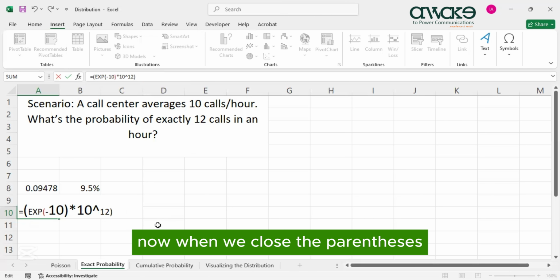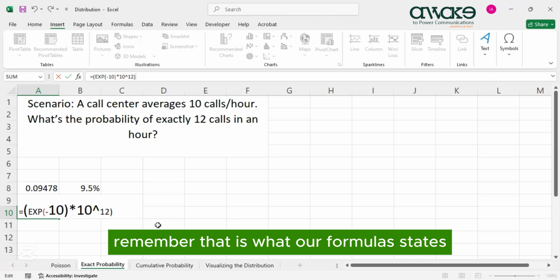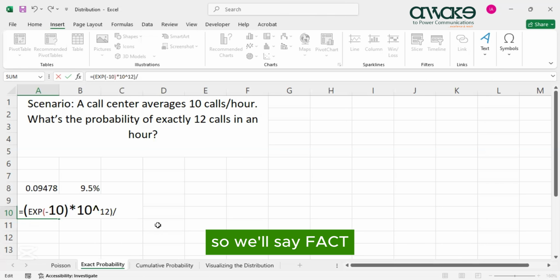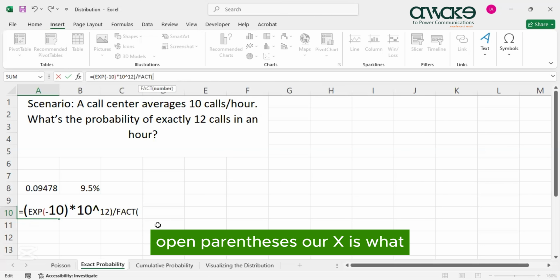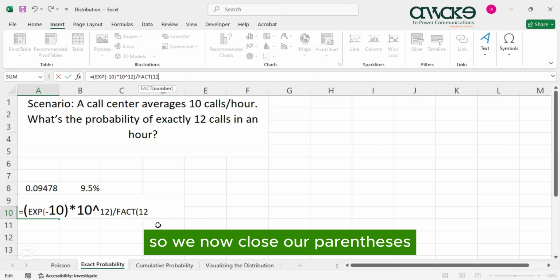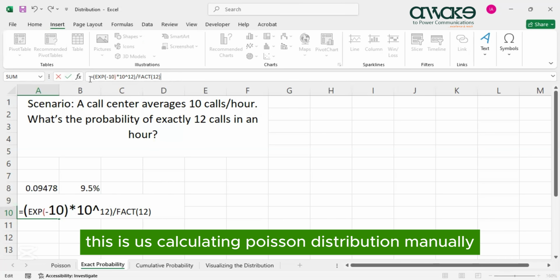When we close the parenthesis, what we want to do is to divide by the factorial of x. Remember, that is what our formula states. So we'll say FACT. FACT returns the factorial of a number. Open parentheses. Our x is what? Our x is 12. So we now close our parentheses. We can just look at this formula again. This is us calculating our Poisson distribution manually.